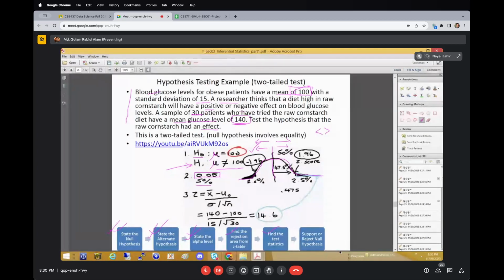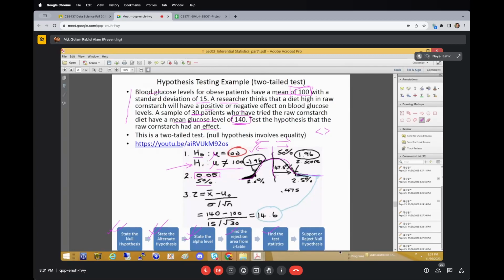So 0.05 is a 5% error. We mentioned that the significance level is 0.05, so this 5% we have to divide on both sides. That means 2.5% on the left side and 2.5% on the right side.